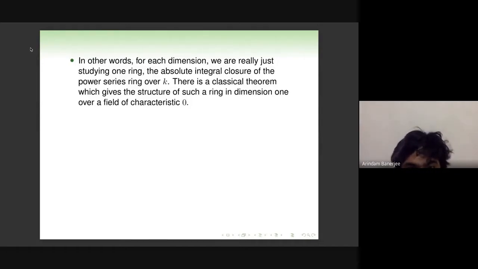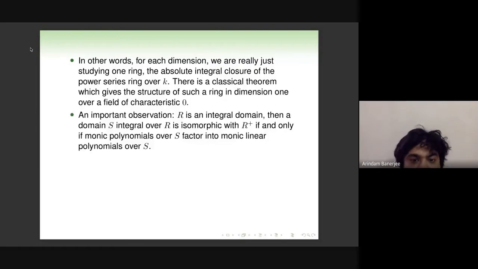There is a classical theorem which we'll talk about, which gives the structure of such a ring in dimension 1 over a field of characteristic 0. An important observation: if R is an integral domain, then a domain S integral over R is isomorphic to R plus if and only if every monic polynomial over S factors into monic linear polynomials over S. For now, I'll mention a few properties of absolute integral closure.